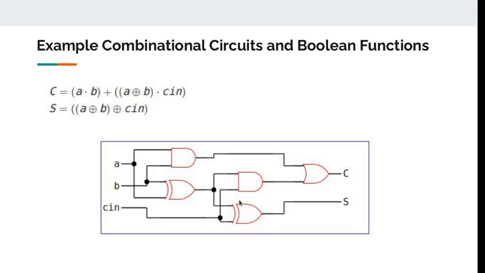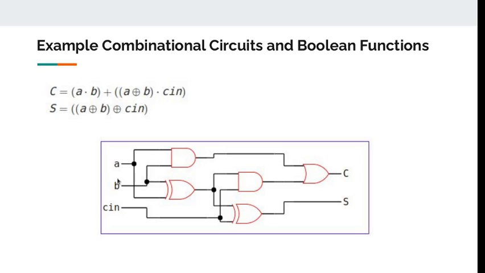So you can see that we use exclusive OR and OR gates here. It's the same way that we did before, step by step, looking into the small operations, and we can see, for example, A exclusive OR B is right here. And in this case, we have AND. From this output, we have this AND with C in that comes from here. And we also use the same output for another exclusive OR operation with C in, another function as well.